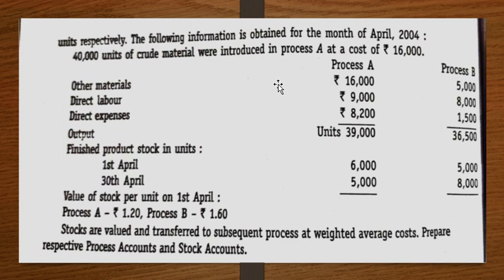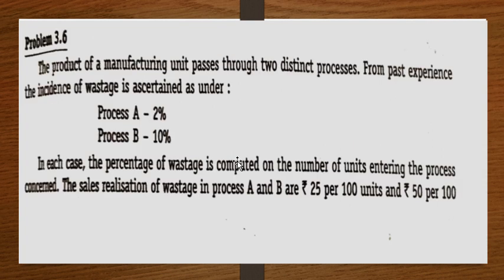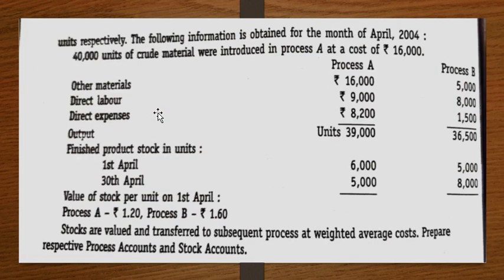Next you will be looking at your output column. In your output column you will have normal loss and the number of output units for that particular process. In this problem they have given us normal loss percentages of 2% and 10%. For process A it is 2%.